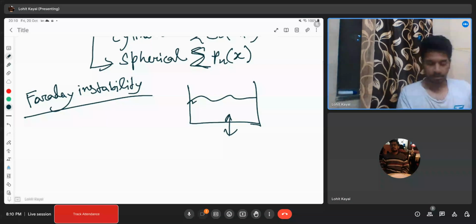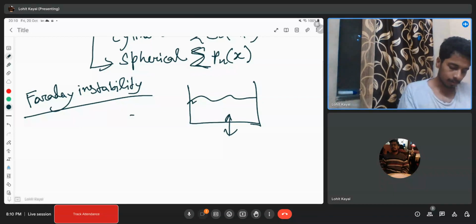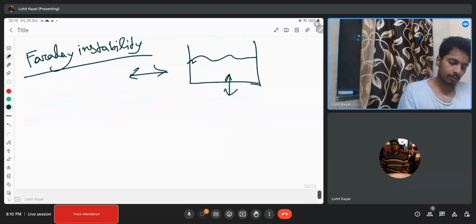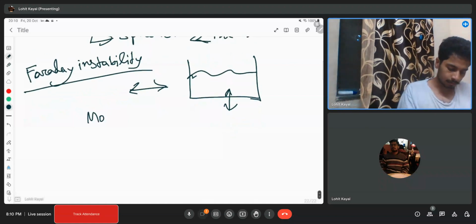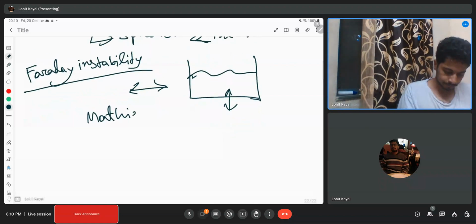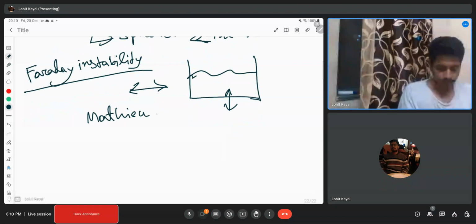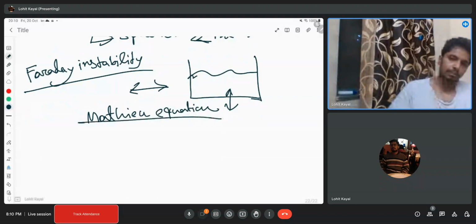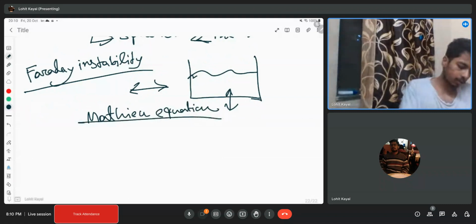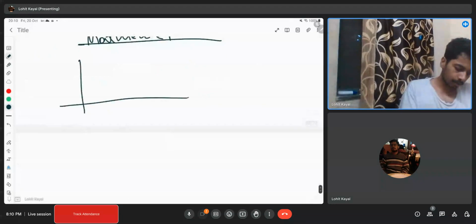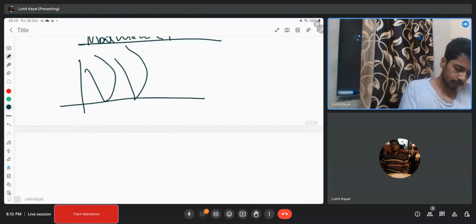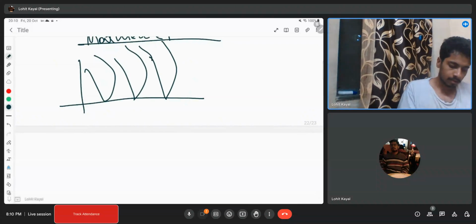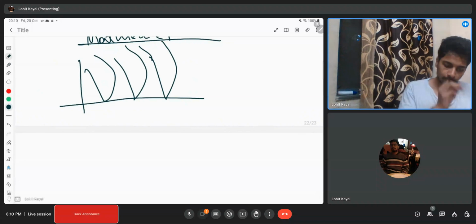We have solved the problem, and we have derived the Mathieu equation from here, and we have solved the problem using the multiple scale method. Okay, and I have shown you the stability diagram for this kind of chart. We get this kind of shape. Okay, we have talked about that.